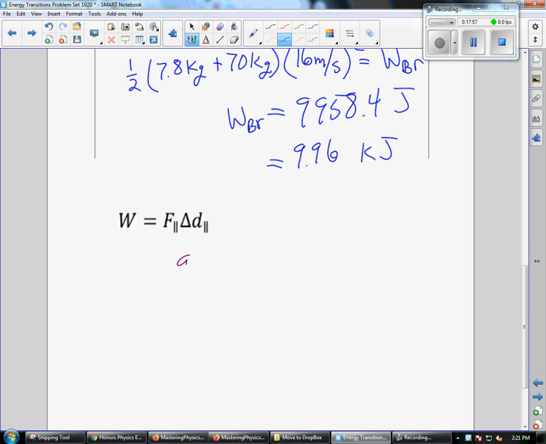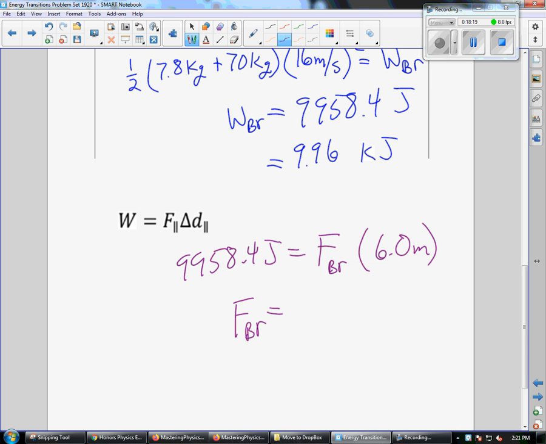So I've got 9,958.4 joules equals force due to the brakes, which I don't know, times 6.0 meters. So I get 1659.733 newtons.